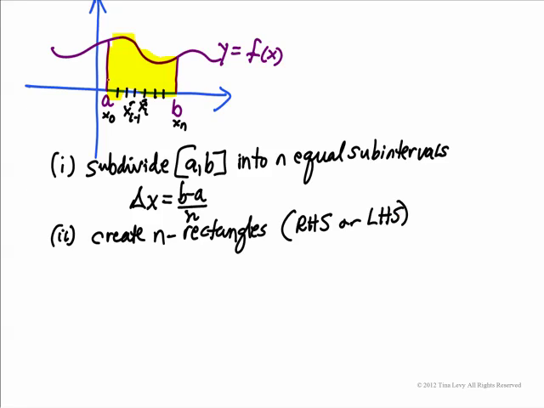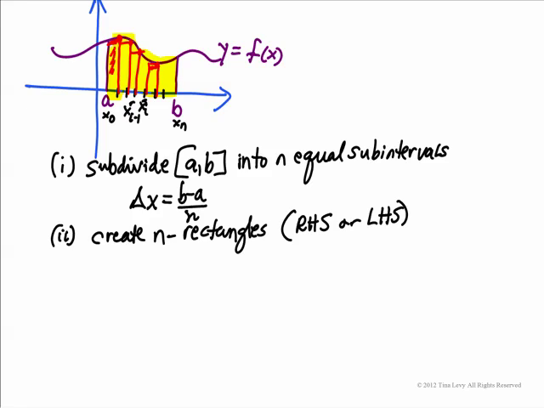If I want to do a right-hand sum between any interval like x sub 0, x sub 1, I go up here. That determines the height of the first rectangle. We do the same here. That determines the height of the second. Here, the height of the third. In general, when we're finished, we have n rectangles.